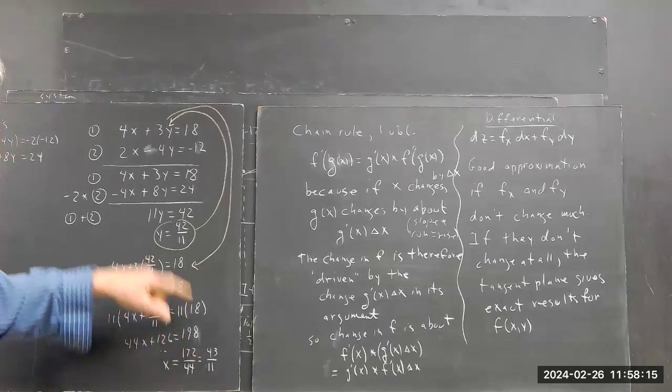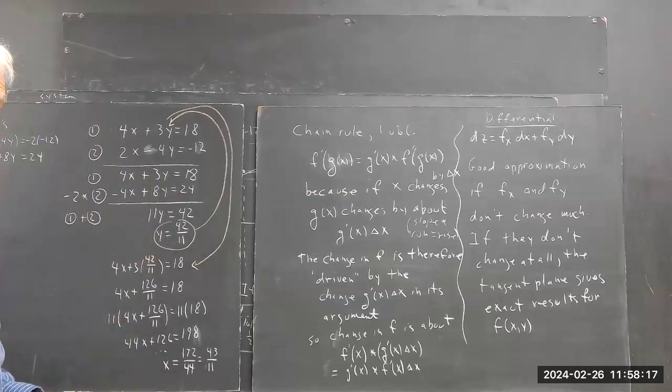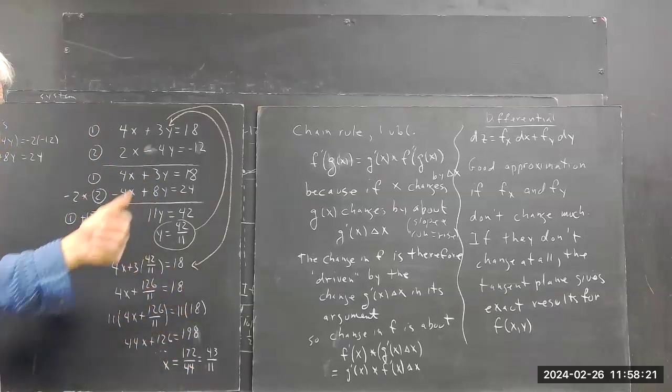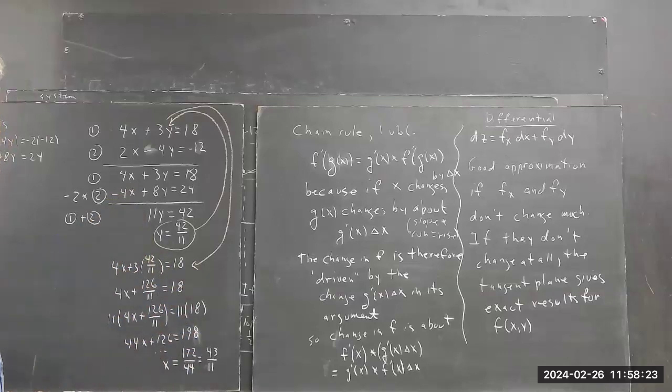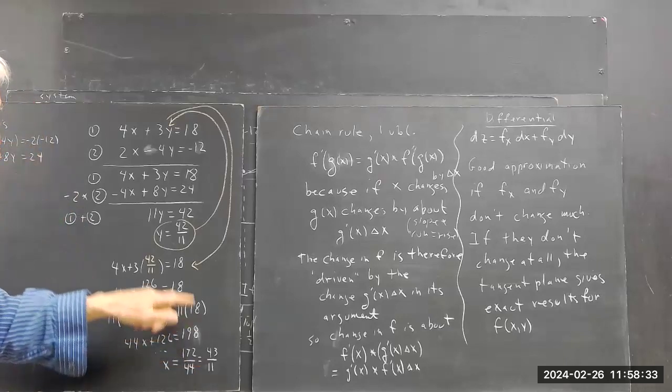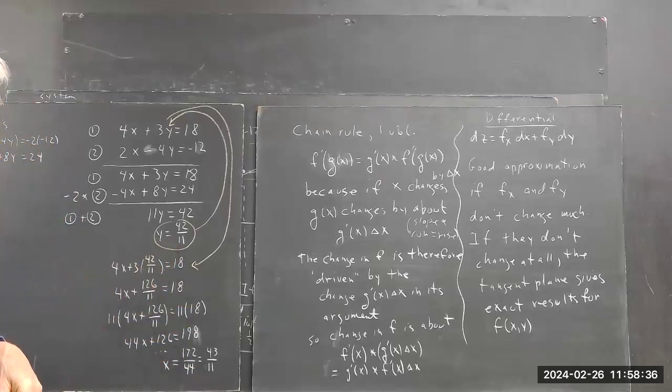Now it's a bit of a pain to plug these back into the equations. It's probably safe just to plug these numbers back into one equation. You can also do a quick graph and see if these numbers make sense. And also, both of these numbers are pretty close to 4.